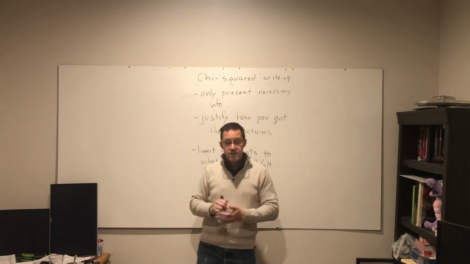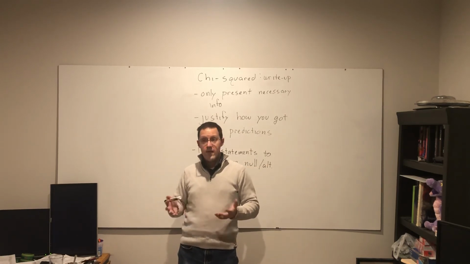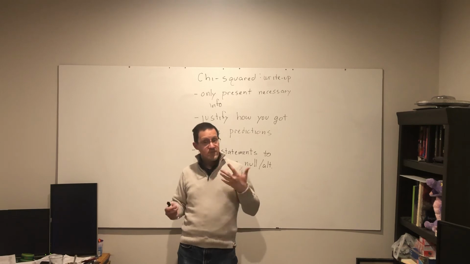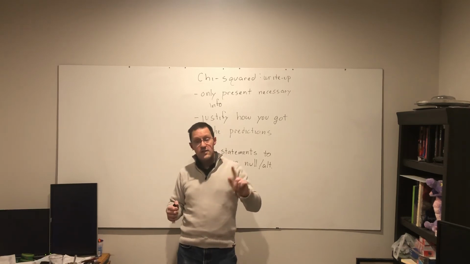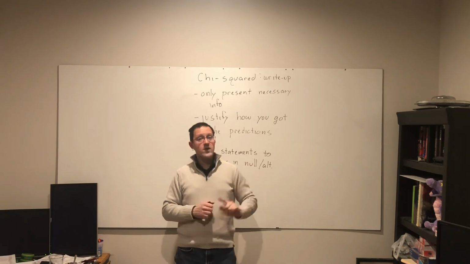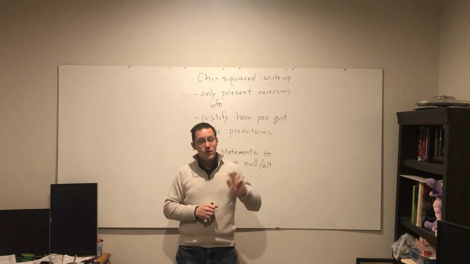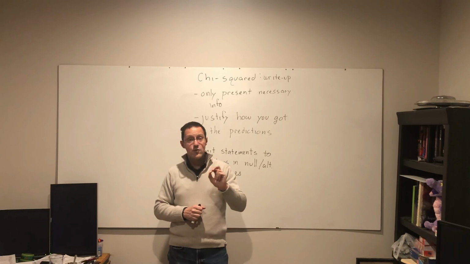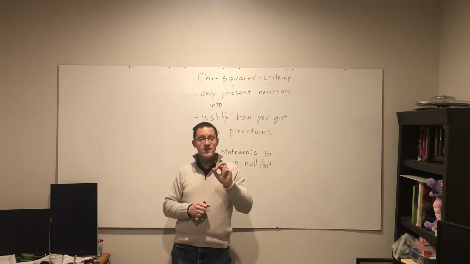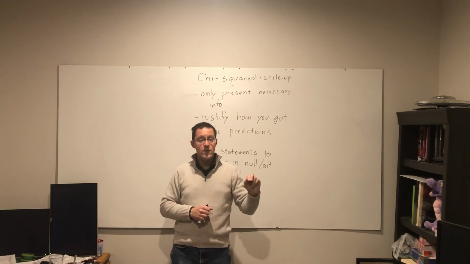So the main lessons there, again, just to recap, the main lessons for writing up chi-squared: the same principles as before apply, only provide the information that is necessary. Second, you need to make very clear why you are making the predictions you're making. And third, you need to be equally limited or precise in your write-up, in your conclusions and discussions, to make sure you are not claiming more than the statistics are showing.